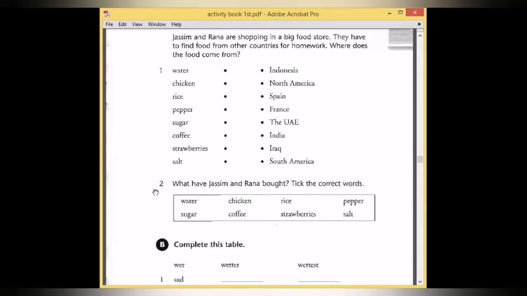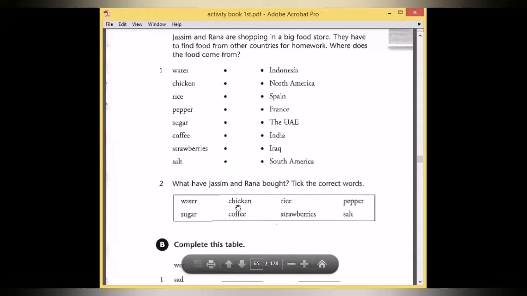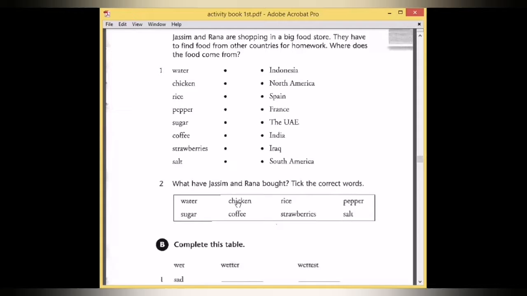Water? No, Adam. Chicken. They bought chicken, yes. And what else? You should tick the correct words. Chicken and rice.